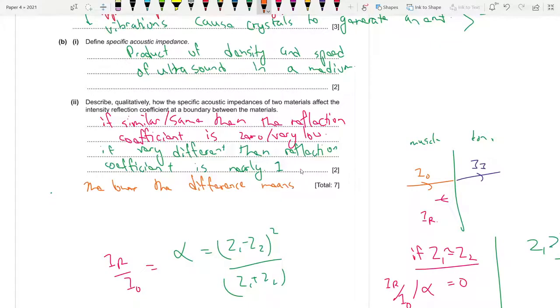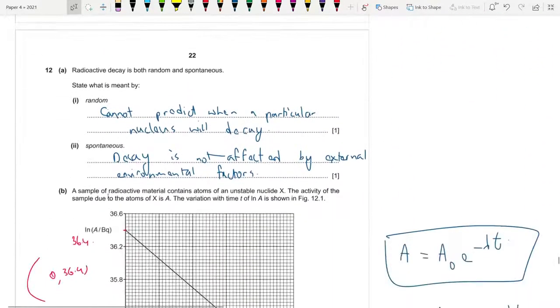The lower the difference, the lower the reflection coefficient. Okay, please check your course book though. I don't think they call it alpha anymore. They have different wording. Just check it out. Okay, moving on to the last question, then we're done.